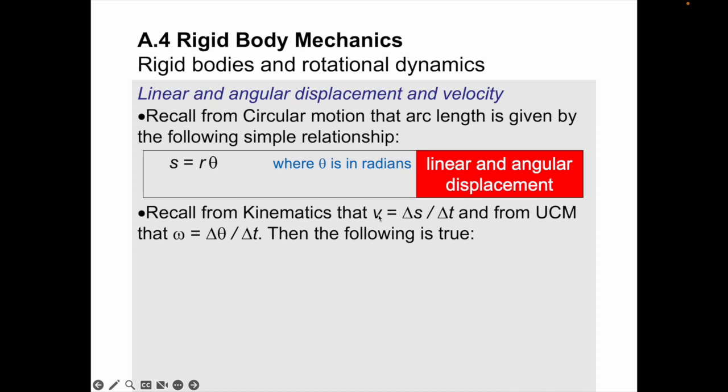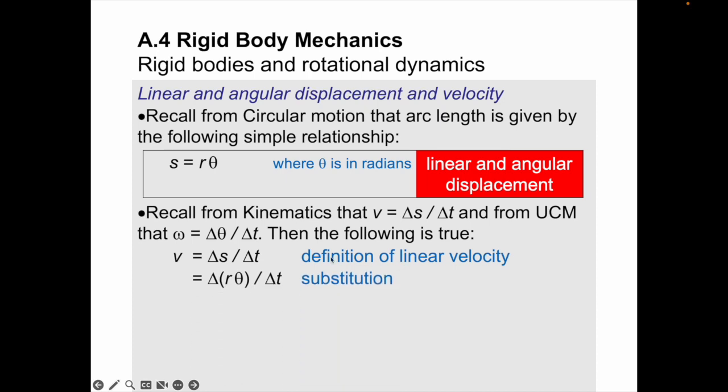With these two statements, looking at speed, distance, and time, and angular speed, angular distance, and time, we can say that our speed is equal to the change in distance over the change in time, which is our definition of linear velocity. Then delta of r theta, the radius times the radians, is our distance divided by time.